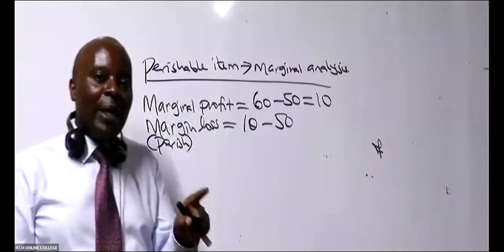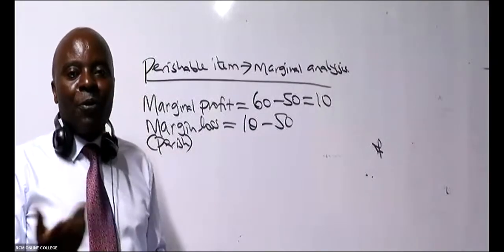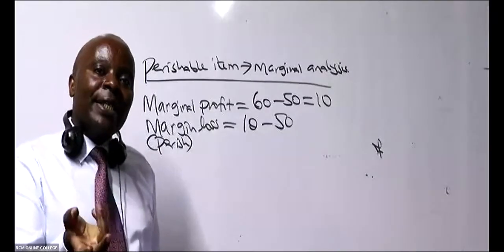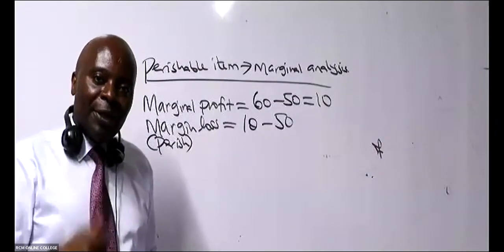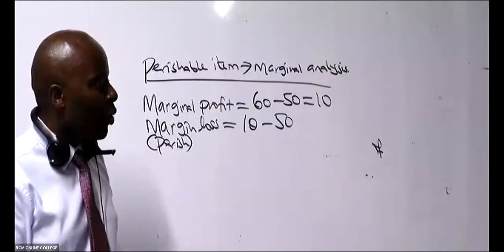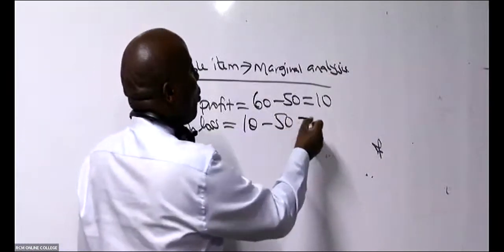To get profit, you look at revenue minus cost. My revenue is the lower price of 10, minus my cost of procuring, which is 50. So the loss will be 40.